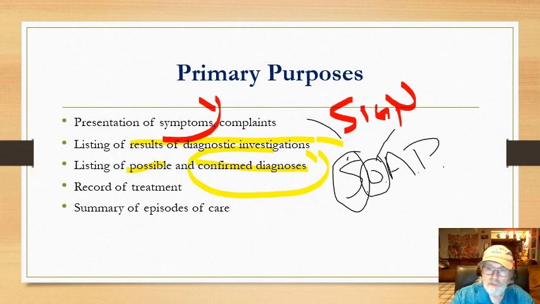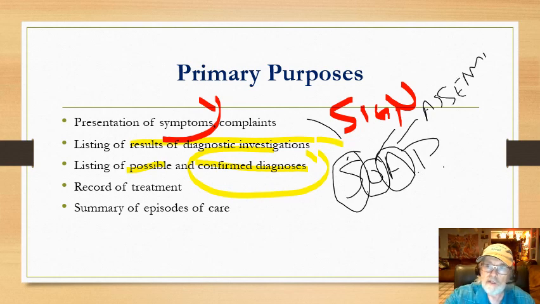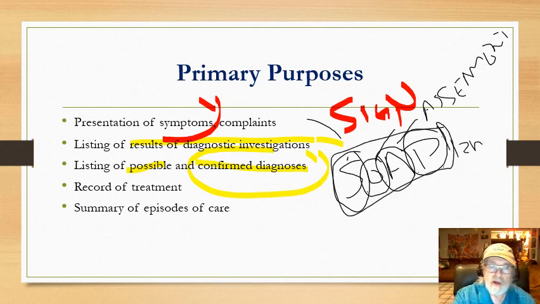O stands for objective. Objective are signs, things that the practitioner sees. A stands for assessment: what do you think is going on? And P stands for plan. So a lot of times when they do a follow-up in episodes of care, a summary of that, they frequently write what's called a SOAP note.